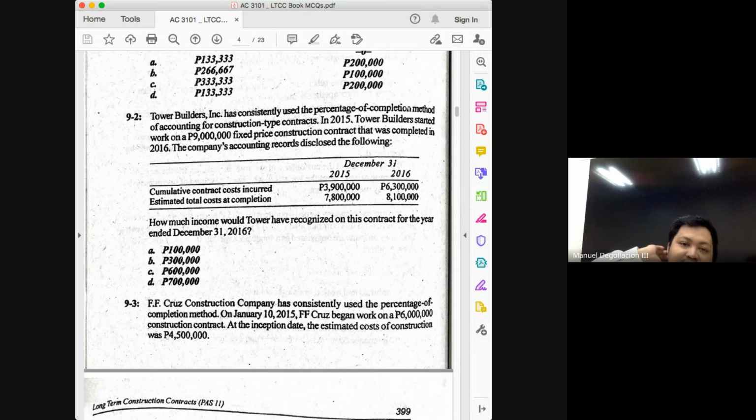Obviously, the project has not yet been completed, class. Your expected cost of completion is 8,100,000 and you have only incurred 6,300,000. Okay, ignore that portion of the problem. So the answer here is 100,000. Hopefully everyone was able to solve the 100,000.